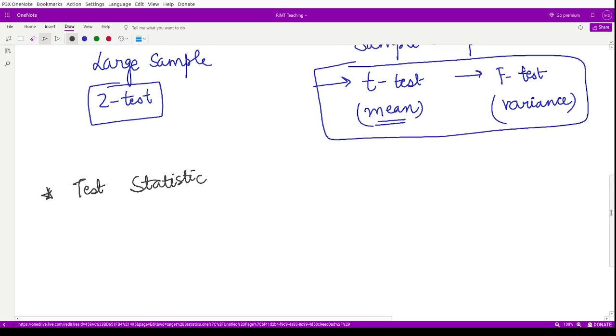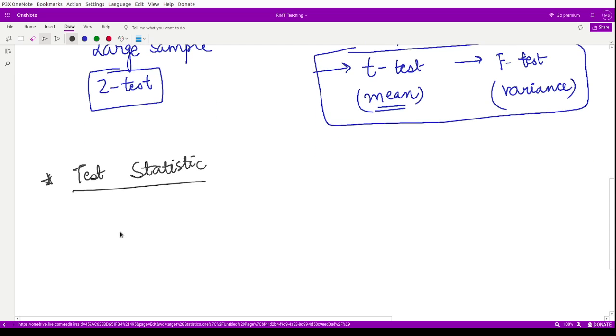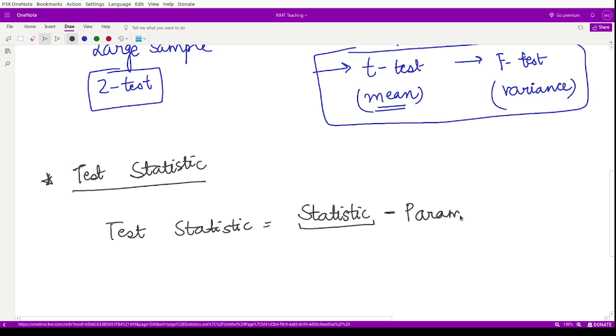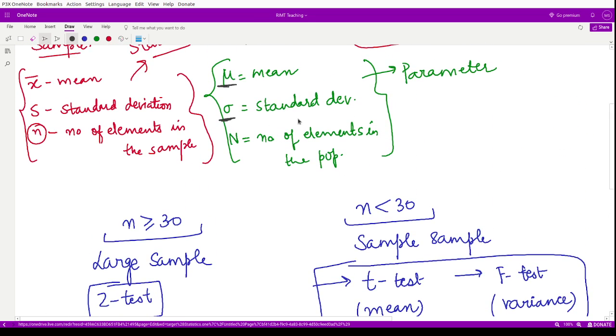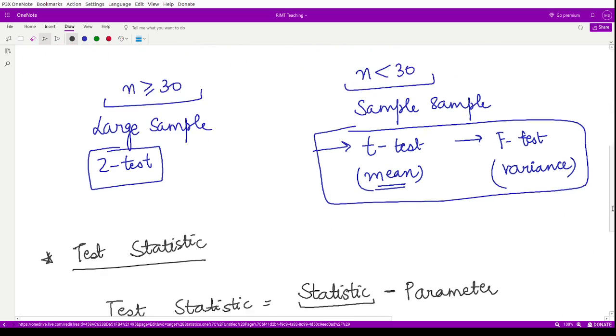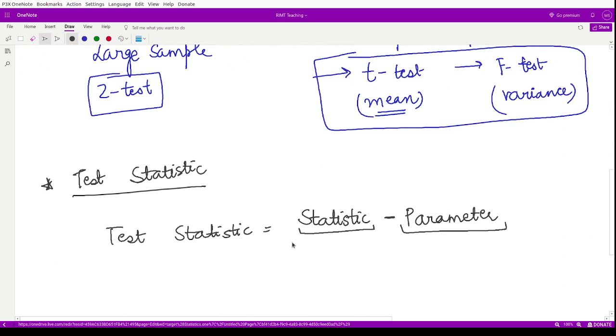This is different for different tests, but we have a general formula: test statistic is given by statistic, that means whatever parameter you are testing, either mean or variance, taken from the sample, minus the parameter, that means the same variable, either mean or standard deviation, from the population, divided by the standard error.